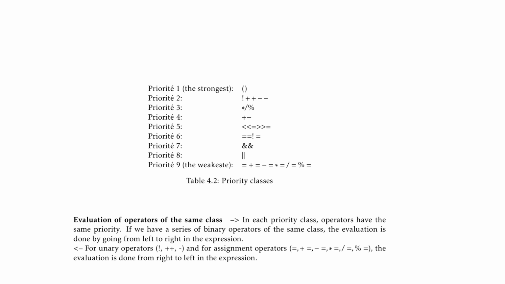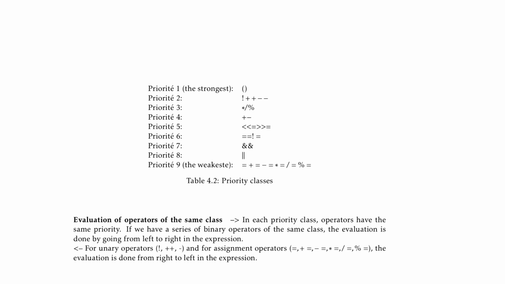Now let's study the priorities of operators when you have a complex operation. For example, we may have arithmetic operators, relational operators, and logical operators combined in expressions. So how are you going to evaluate them? This is the list of priority. Parenthesis is considered the highest priority, and then you have the not, the increment, the decrement, etc. As you can see here, we have 9 classes of priority in addition to the logical priority.